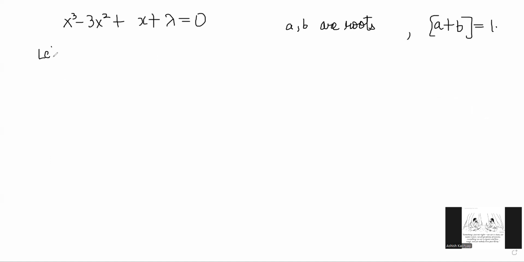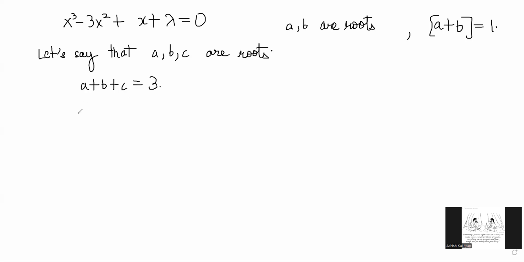So let's say that the 3 roots of this cubic are a, b, and c, right? So by Vieta's relations, sum of the roots a plus b plus c is equal to 3, right? And therefore, we are getting a plus b is equal to 3 minus c.